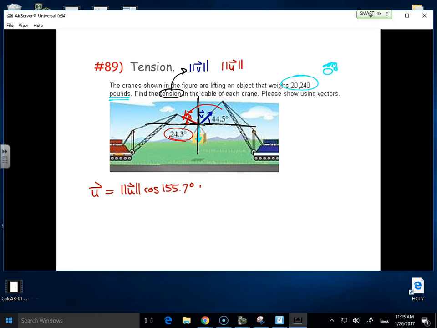Yeah. Plus magnitude of u sine of 155.7. Some of you guys see how this is going to get really messy really fast with all that magnitude notation stuff? Okay. Let's just call it, for sake of simplicity, X. How about that?